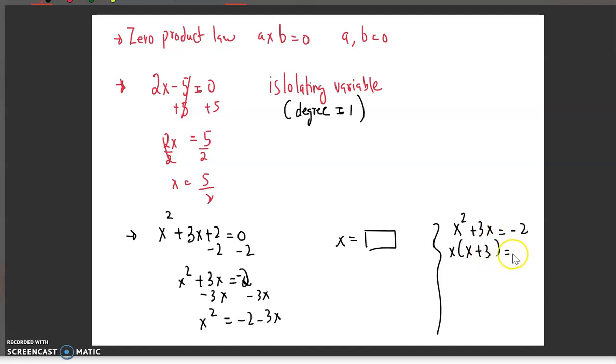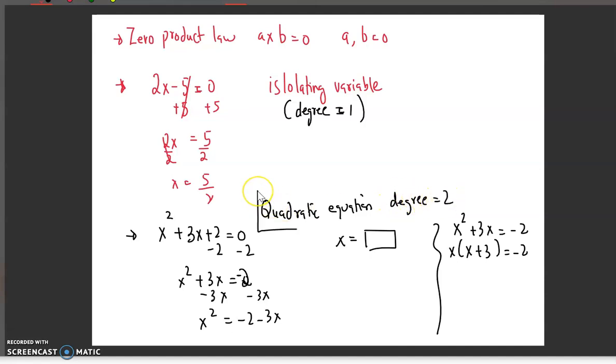But even then, now what two things multiply to become -2? It doesn't work. So we get stuck in solving with our past tools how to solve for x when we have what is called quadratic equations. Quadratic equations are equations where the degree of x is 2.